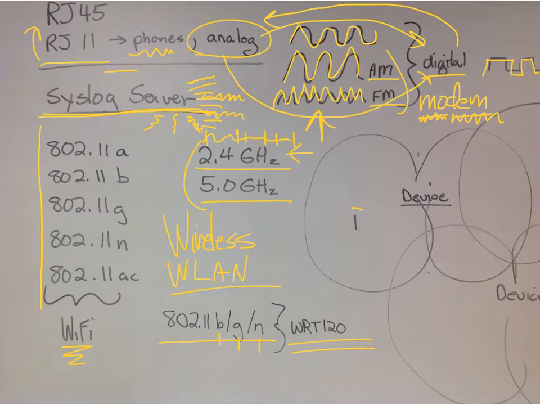More or less, whatever device you had connecting to it, if your laptop was G, then it would connect as G. If you went way back to B, that's a long time ago, it would connect as B. Or if it was a newer laptop, or maybe your phone, that would connect as N.